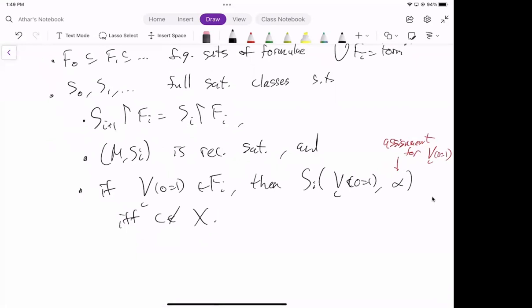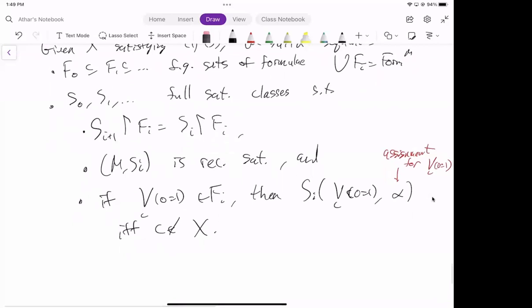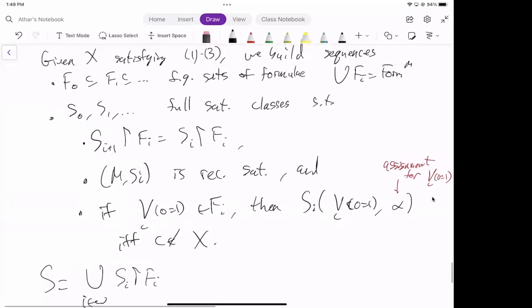Once you have this, supposing we can build these sequences, and again, I can't stress this enough, I did not come up with this myself. Once you have these sequences, you can let S be the union of S_i restricted to F_i.